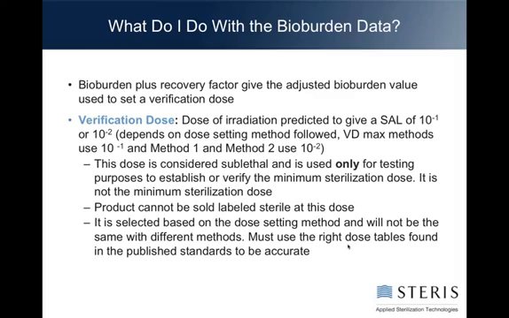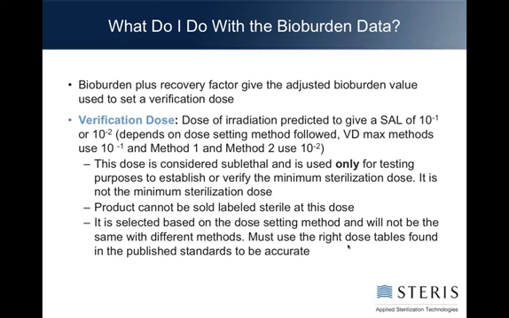This dose is considered sublethal and is used only for testing purposes to establish or verify what the minimum sterilization dose will be. It is not the minimum sterilization dose. For example, you could very easily have a verification dose of like 5 kilogray and have a minimum sterilization dose of 25 kilogray.